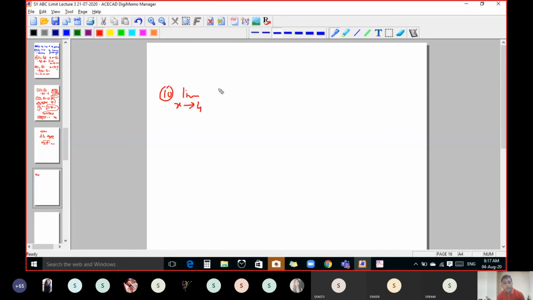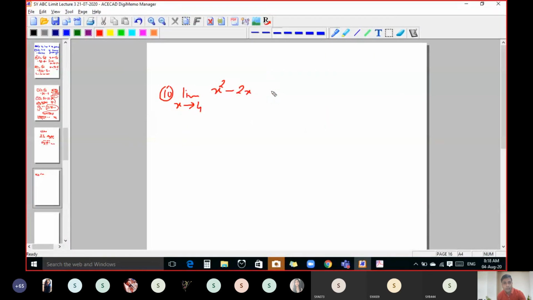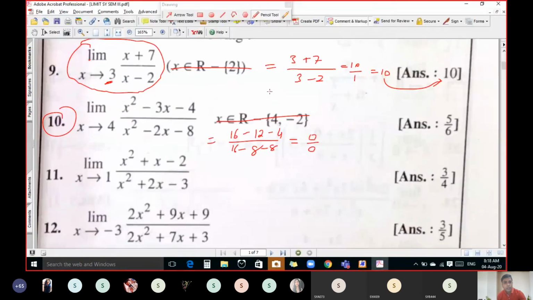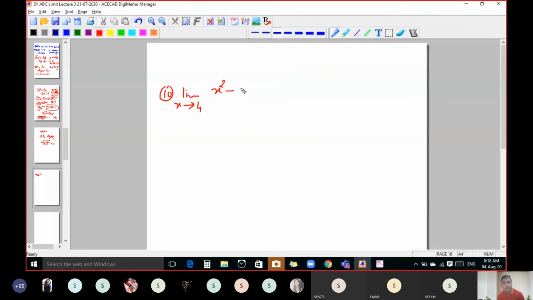In the numerator it is x square minus 3x minus 4, and in the denominator it is x square minus 2x minus 8.